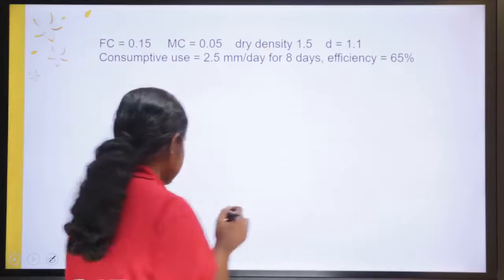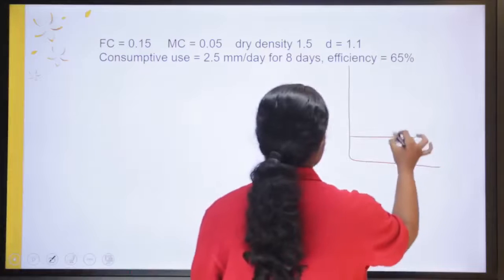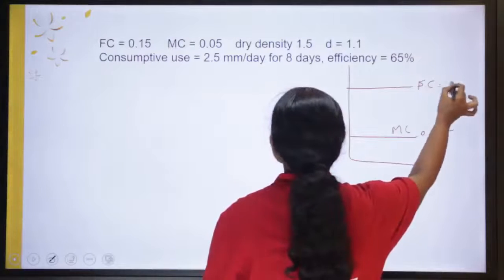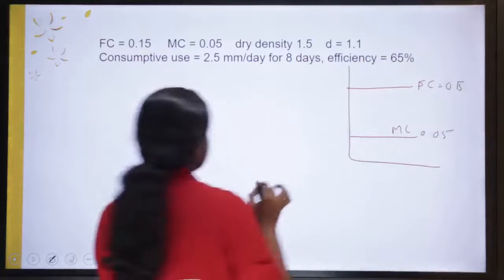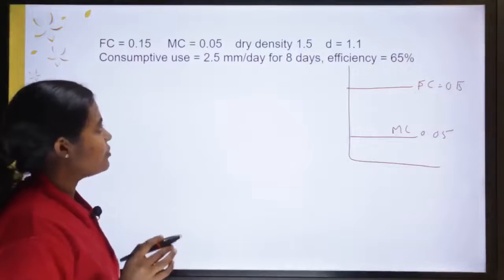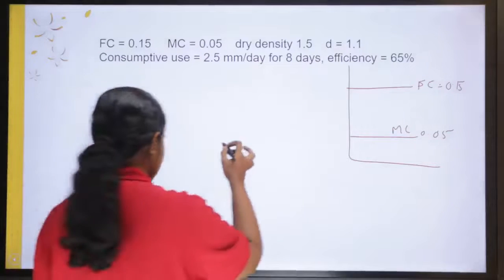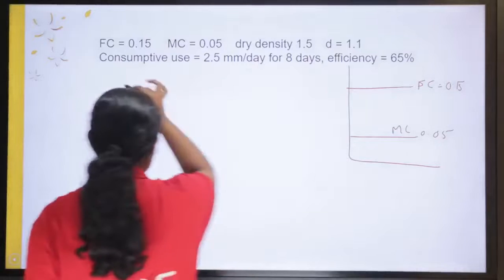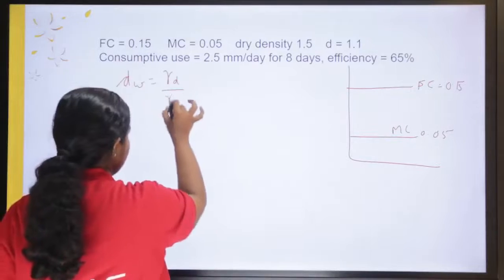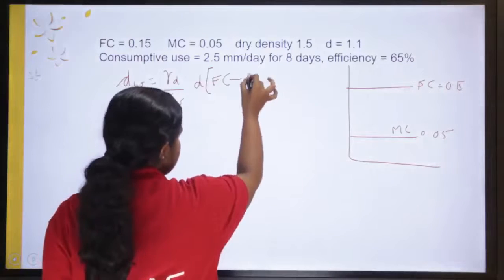Since we have been given that presently the moisture content is 0.05 and field capacity is 0.15, dry density is given, and depth of root zone, consumptive use for 8 days, and efficiency are given. Now we will see how to solve this question. We know that the depth of water is given by gamma d by gamma w into d into the field capacity minus the moisture content.